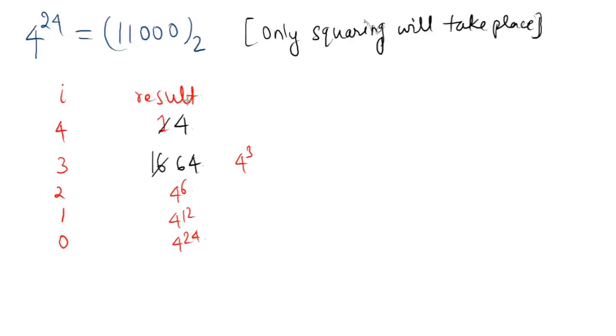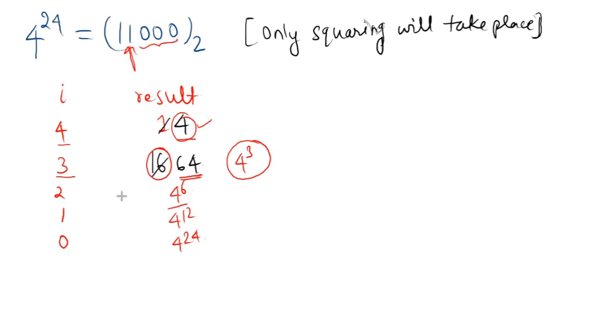So in the dry run on this number, for i equal to 4, the result is updated to 4 from 1, and for i equal to 3, first the result will be updated to 16, and since the bit is 1, this will be updated to 64, which is nothing but 4 power 3. For the remaining zeros only the square operation will take place.